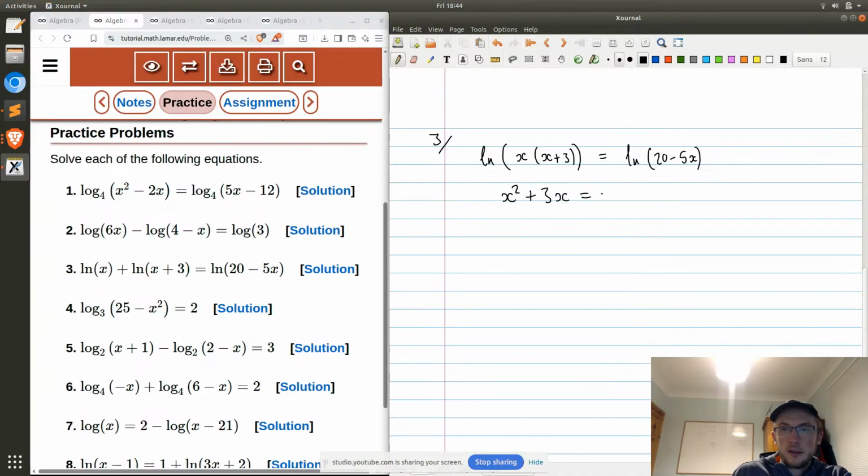So x squared plus 3x is equal to 20 take 5x. So x squared plus 8x take 20 equals 0. And so I say x plus 10 times x minus 2 is equal to 0. So that x is equal to 2 or negative 10.